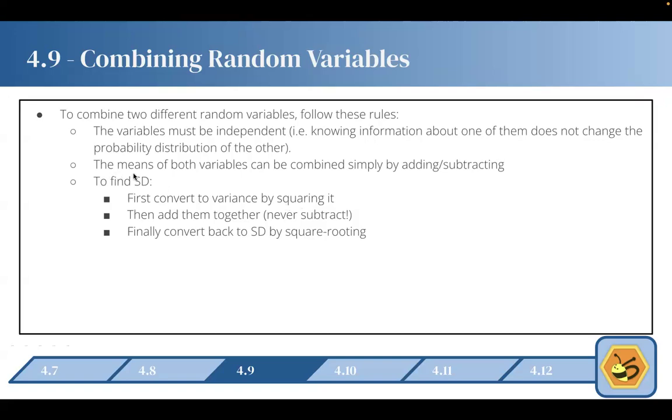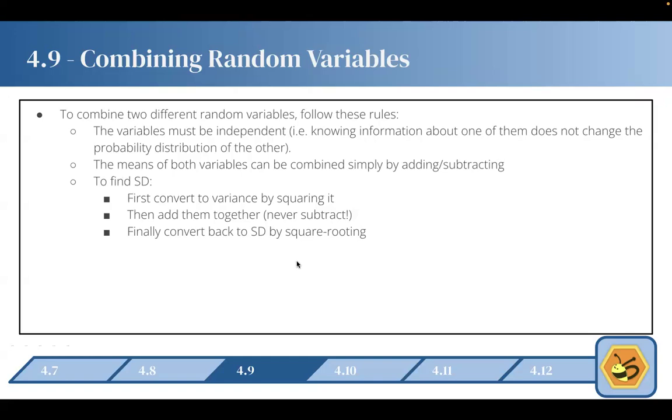The next thing is that the means of both variables can simply be combined by adding or subtracting, right? For example, if we're looking at the difference between two independent variables, the mean difference is them being subtracted. Then, if we're looking at the standard deviation, that's where it gets a little more tricky.